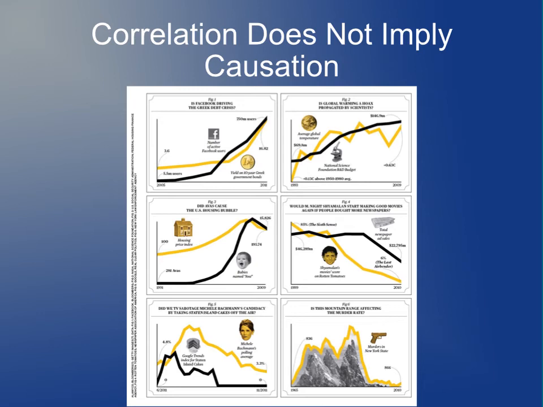Or if you look at the budget for the National Science Foundation, it seems to be increasing at approximately the same rate as temperature, lending credence, one might think, to those people who say that global warming is some sort of conspiracy caused by scientists, something I've never really understood.